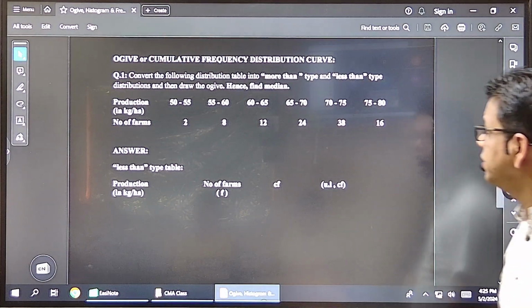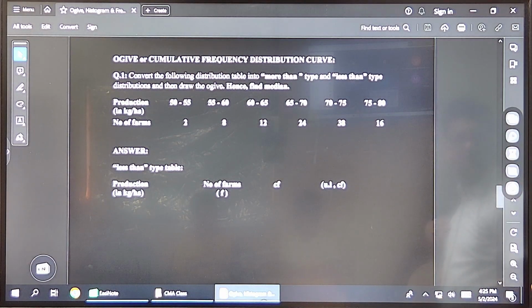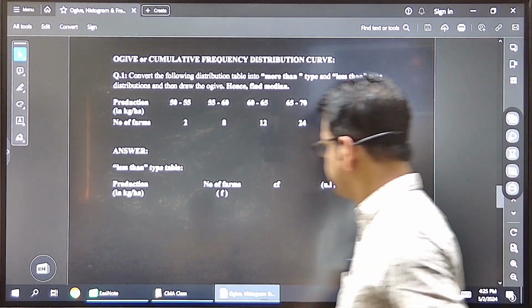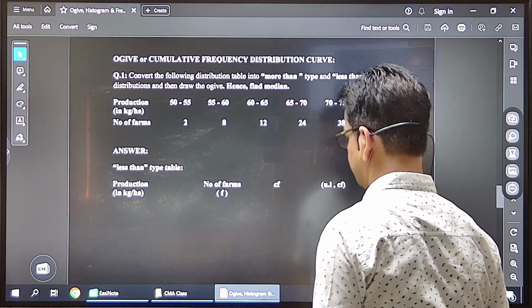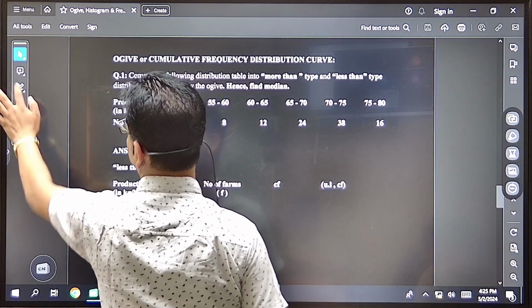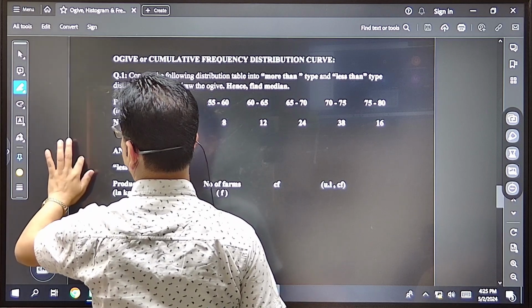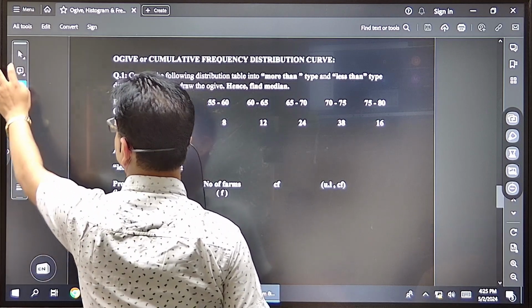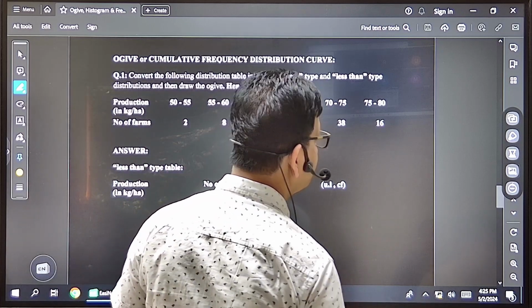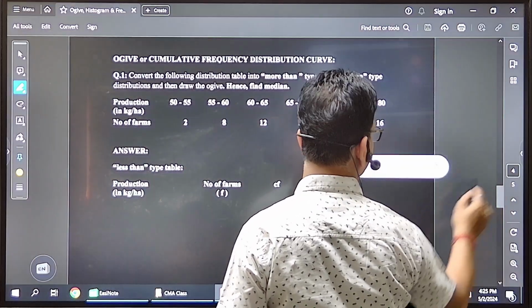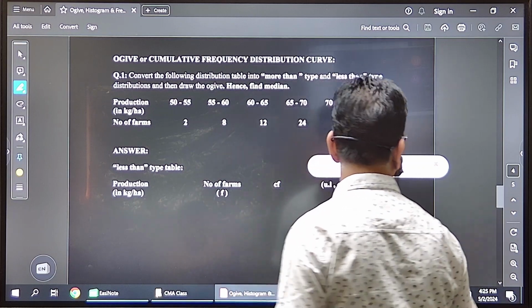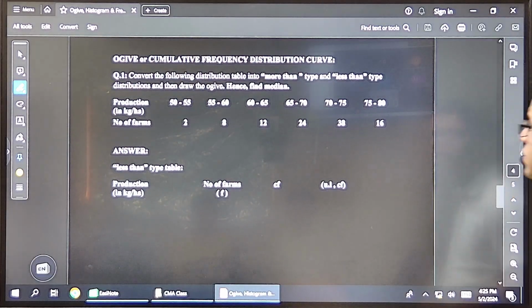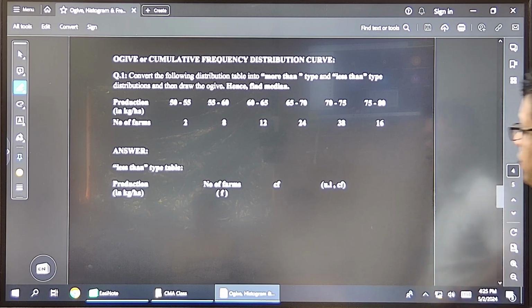It's an OGIVE or cumulative frequency distribution. The short form is OGIVE.